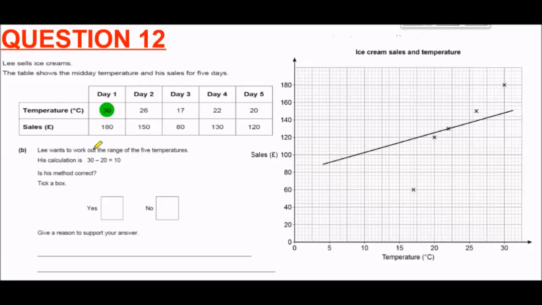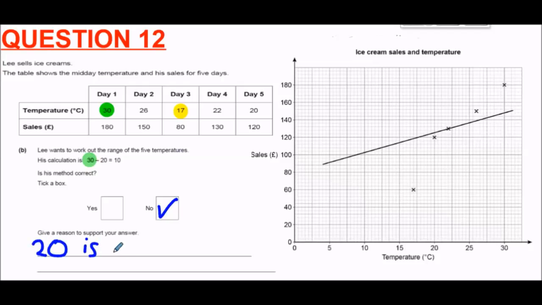30 is the highest, and he's put 30, so that's okay. But the lowest temperature, it isn't 17. The lowest, sorry, it is 17, not 20. So the lowest temperature isn't 20, it's 17. And so is his method correct? Ultimately, no, it's not, because 20 isn't the lowest value.